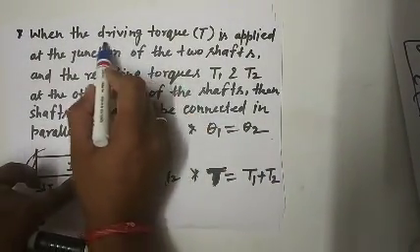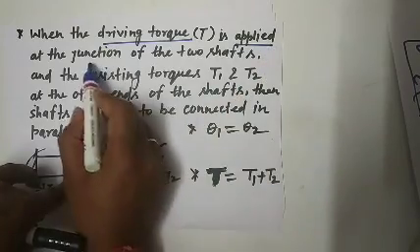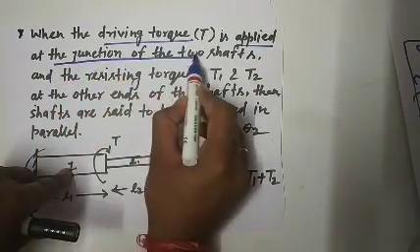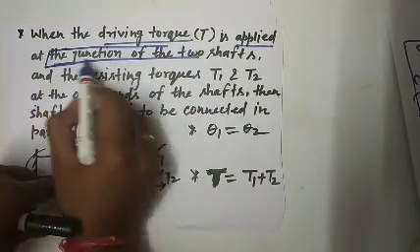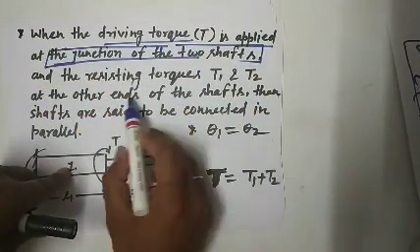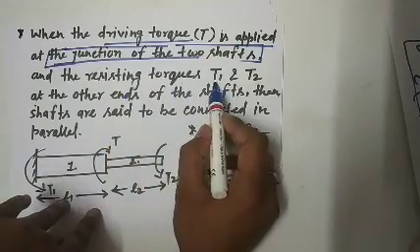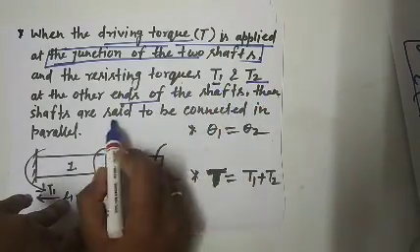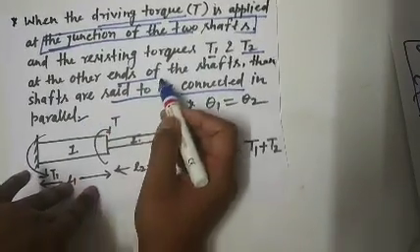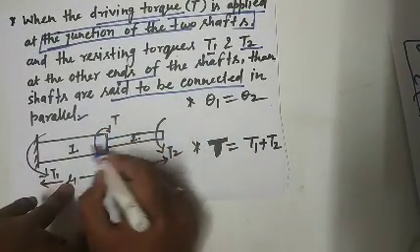When the driving torque is applied at the junction of the two shafts, and the resisting torques are T1 and T2 at the other ends of the shafts, then the shafts are said to be connected in parallel. Here is the junction point of shafts 1 and 2.